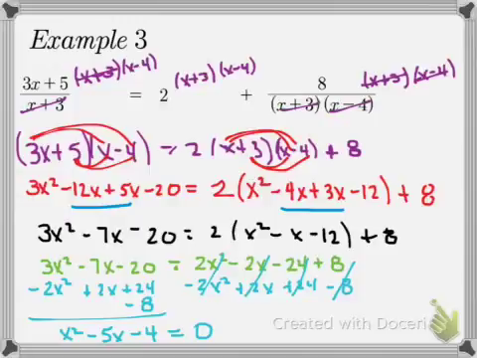Okay, so let's see. I cannot use 4 and 1 or 2 and 2 to get a negative 5 and a negative 4. This doesn't factor. So what I'm going to need to do is actually use a equals 1, b equals negative 5, and c equals negative 4 in the quadratic formula.